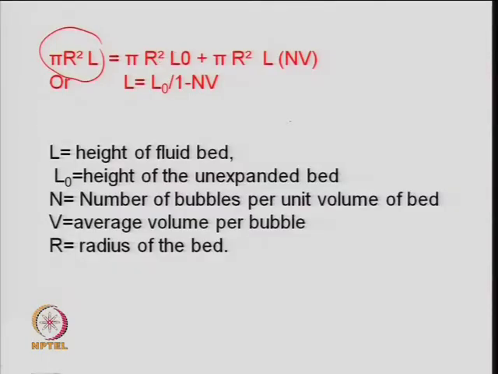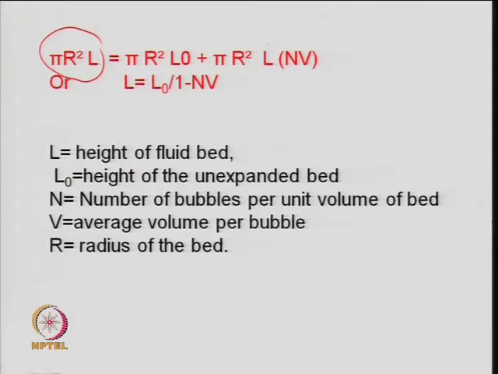So, this is the initial volume, and whatever the rise is, that is in terms of how many bubbles have come, because the bed is rising as there are now gas bubbles in the interstitial space. So, pi r square L is now the volume of the bed in the fluidized condition, times N, which represents the number of bubbles per unit volume, multiplied by the average volume per bubble.